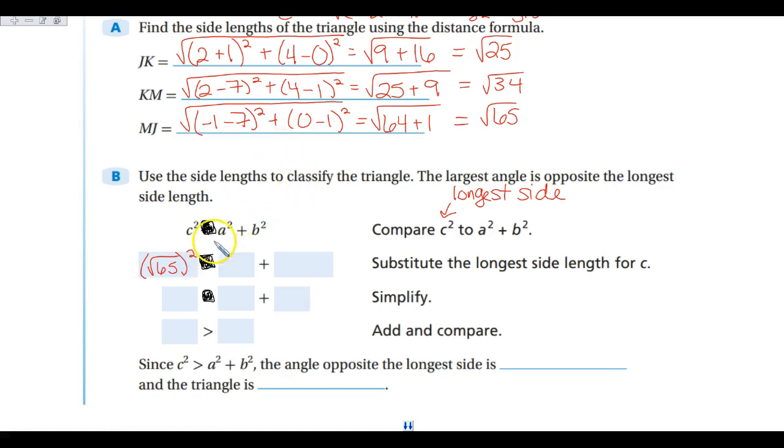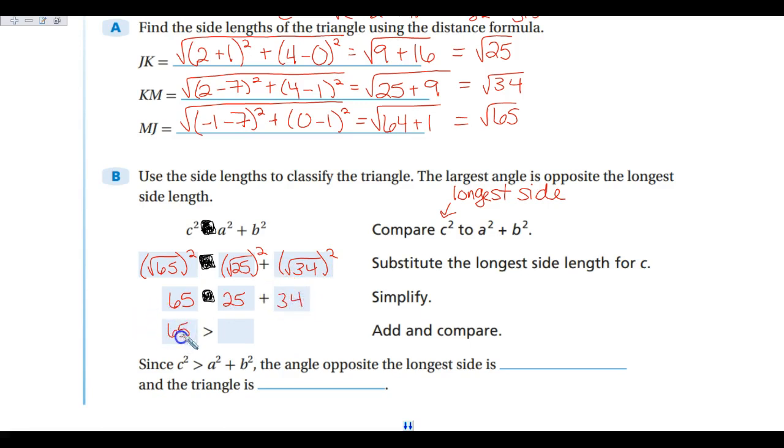A and B, remember, it doesn't matter which side you pick to be A and which to be B. So I'm going to make A the square root of 25, and square that, and B the square root of 34, and square that. The square root of 65 squared, we did this at the very beginning of the year. Anytime you square a square root, you're left with the number underneath. So square root of 65 squared is 65, square root of 25 squared is 25, and square root of 34 squared is 34.